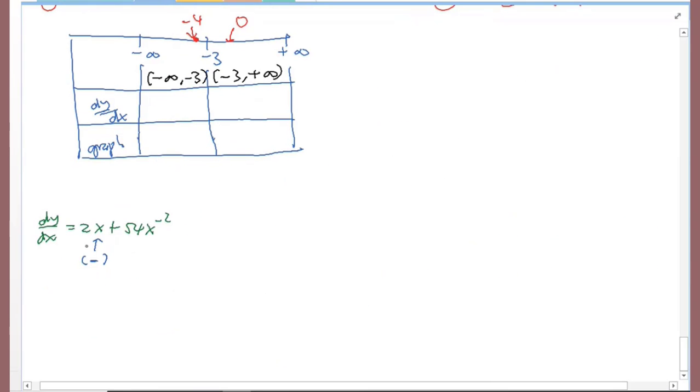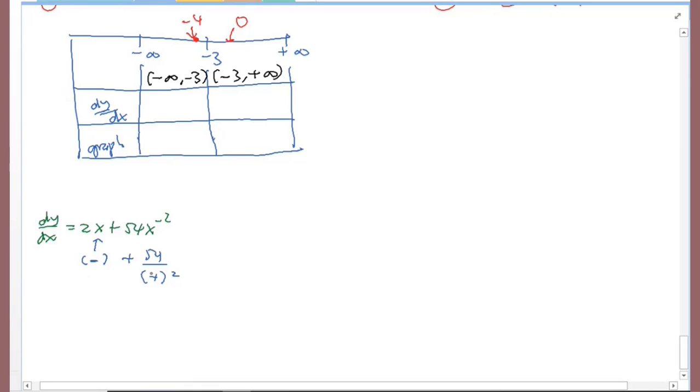Then this is negative 8, and this one is confirmed positive, since it is over a square. Let's check, the choice is not good.